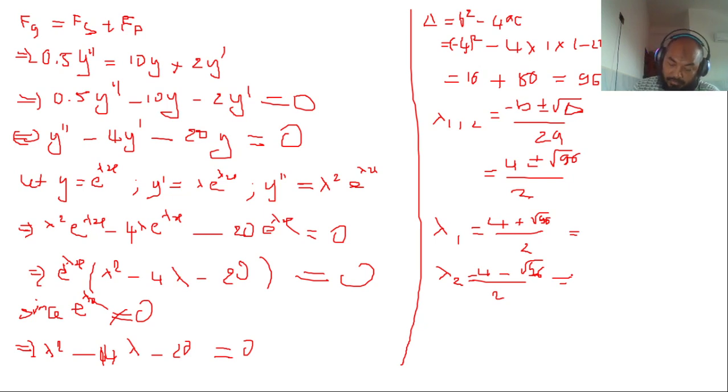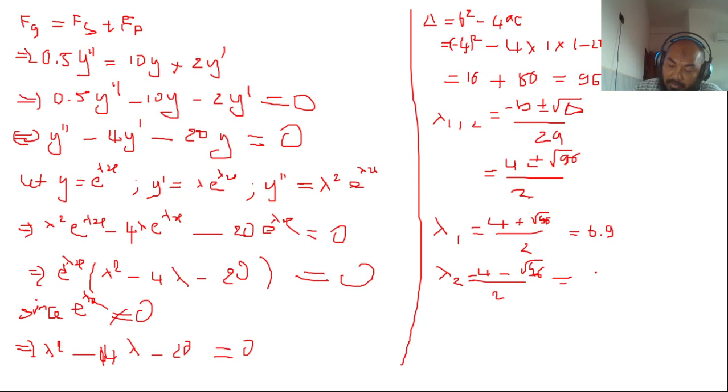Alright, so 4 plus square root 96 divided by 2 is equal to 6.9.